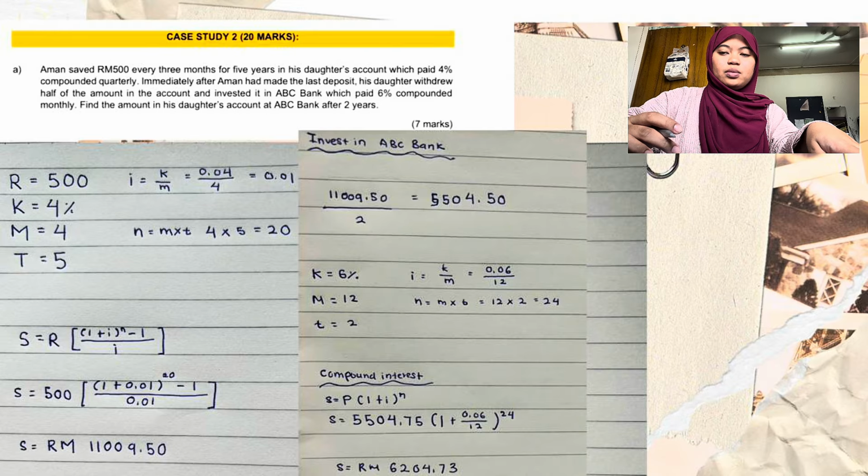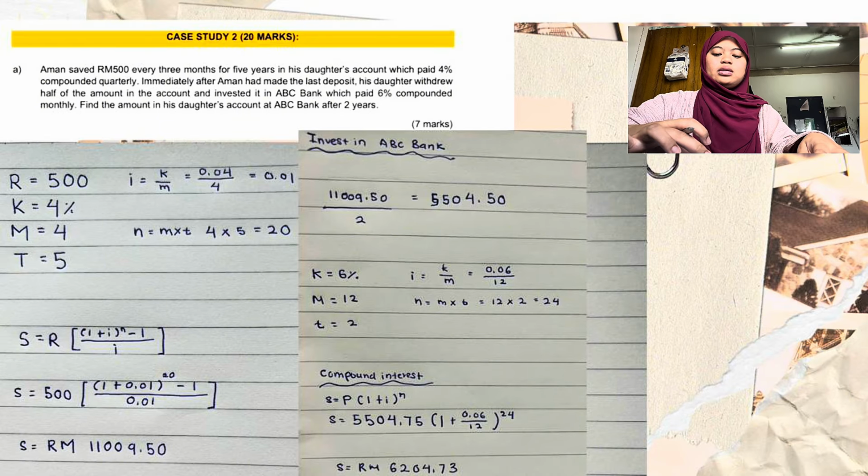Now we have to use the compound interest formula, which is S equal to P times (1 plus I) to the power of N. We gather the information that his daughter invested in ABC Bank: K is 6%, M is 12, T is 2 years. N is M multiplied by T, so 12 multiplied by 2, we get that N is 24. I is K divided by M, our K is 0.06 divided by 12.